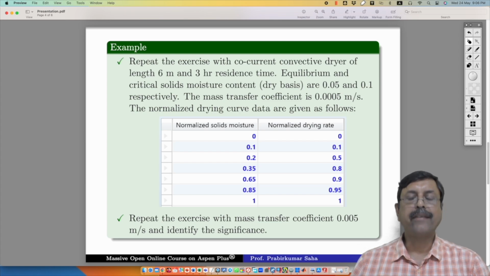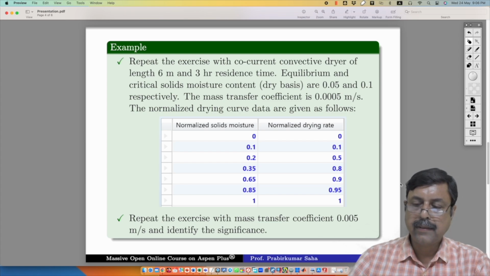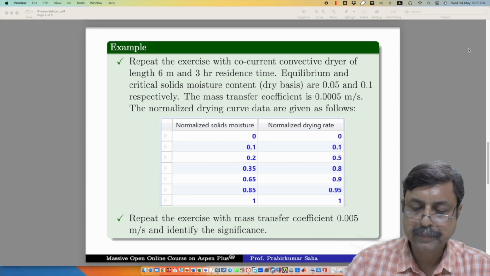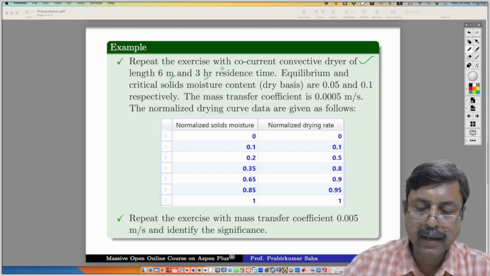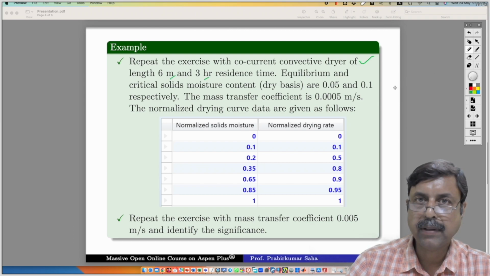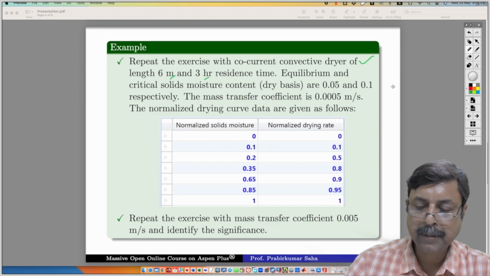Now we go to the next problem. It says, repeat the exercise with co-current convective dryer of length and residence time. The solid's residence time has been given. Equilibrium and critical moisture content dry basis, they are also given. And mass transfer coefficient has been given.